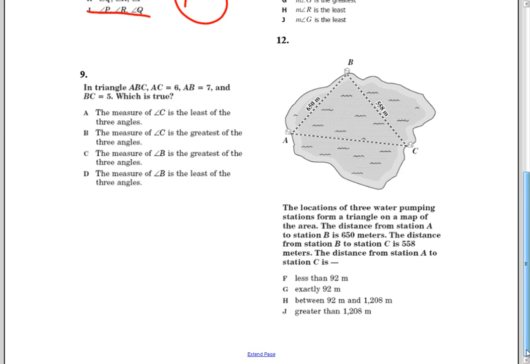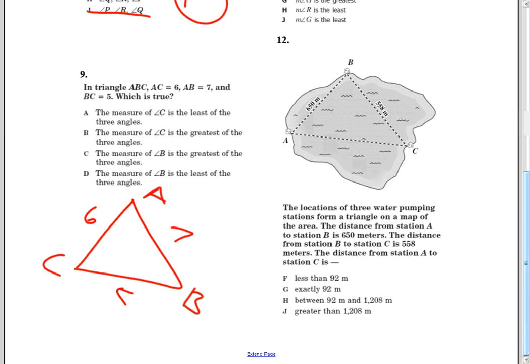Number 9 does not have a picture. It doesn't matter where you place your points. There's only 3 of them. 6, 7, 5. 5 is small, so A is small, but it doesn't mention anything about A. 7 is big, so C is the largest.